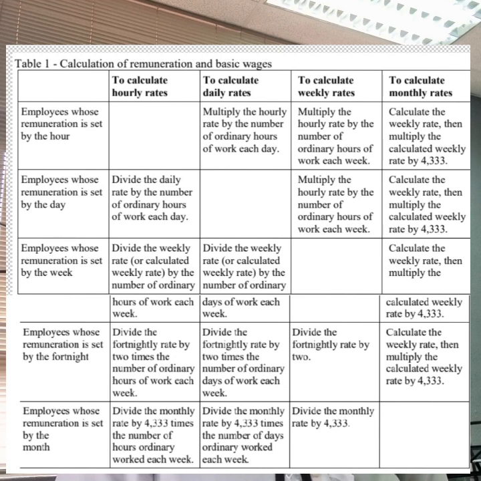And then to get the weekly rate, divide the monthly rate by 4.333. Now, we don't need to memorize this table, we just need to understand it so that every time we want to calculate the hourly rate, you just go to the table and you see what formula to apply without having to memorize it.